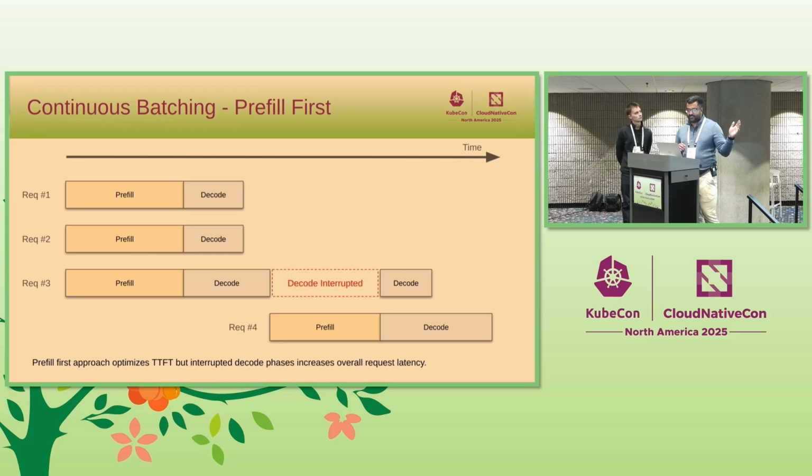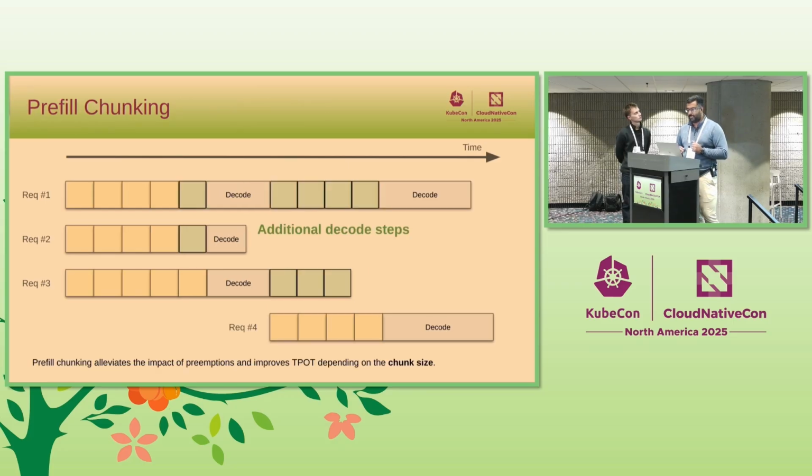Unlike static batching, with this mechanism, the GPU utilization can be improved with more concurrent requests. Further, this optimizes time to first token due to the prioritized prefill, but the interrupted decode stages lead to higher average time per output token. Most inference servers today, vLLM, TGI, you name it, most of them use some form of continuous batching.